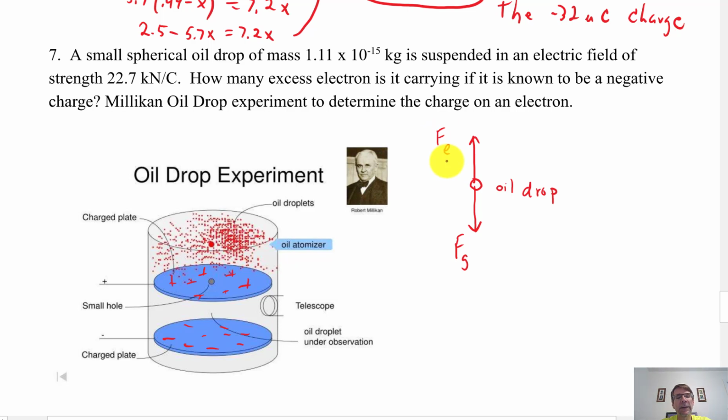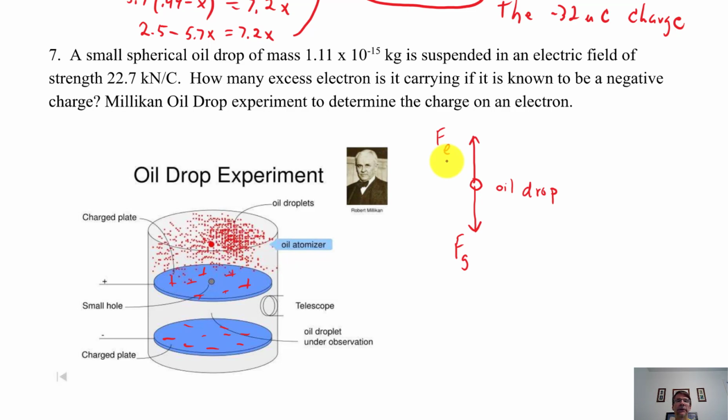And you could change how much charge you put on the bottom plate and the top plate. So he had a machine, a voltage source that he could vary to make the bottom plate more negative or less negative. Or if the drops were positive, you can make the bottom plate positive, but you don't need to do that.